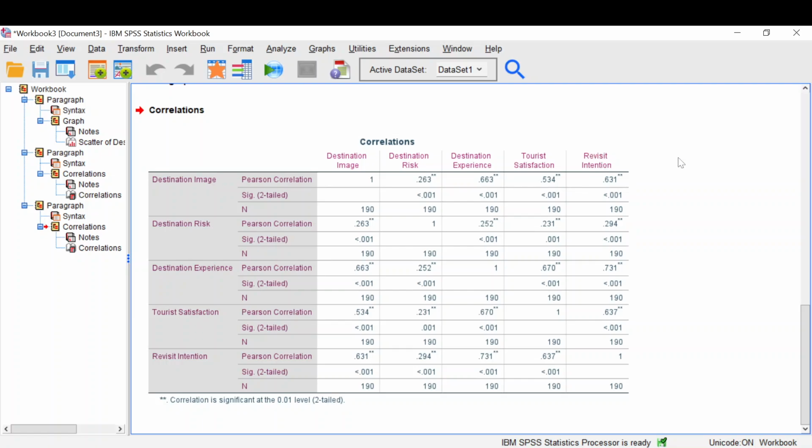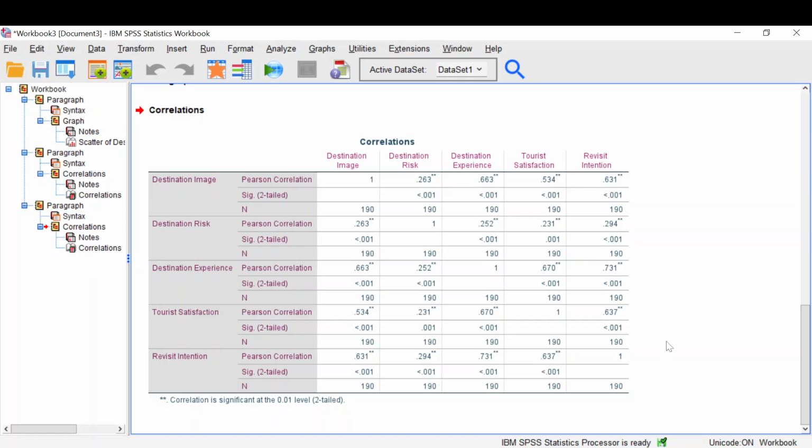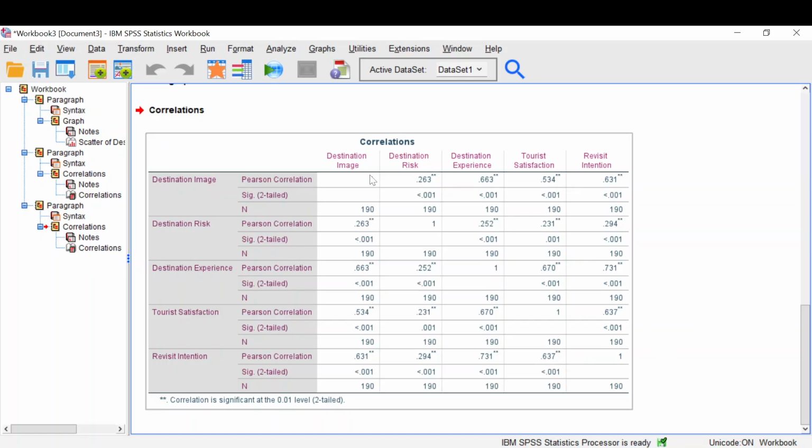Well, we can't say definitively using a correlation that any of these impact revisit intention, but we can say that they correlate. So let's look at what correlates with revisit intention. We have destination image, 0.631, risk, 0.294, experience, 0.731, tourist satisfaction, 0.637. So of the 4 variables, destination experience appears to be the most correlated with revisit intention.